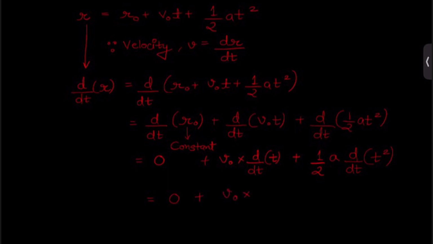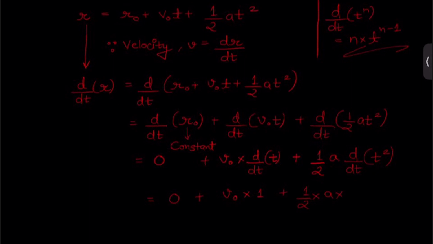I will write the formula again: d by dt of t to the power n is equal to n into t to the power n minus 1. So it is v naught into 1 plus half into a into 2 into t to the power 2 minus 1.